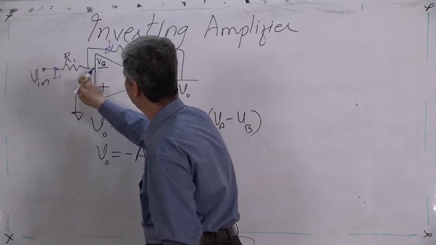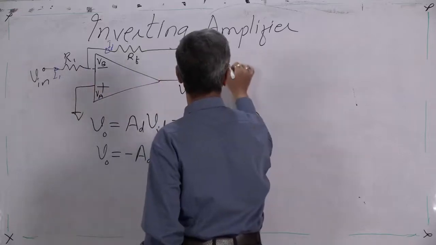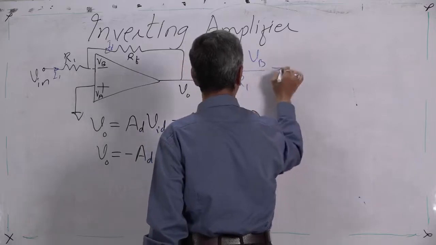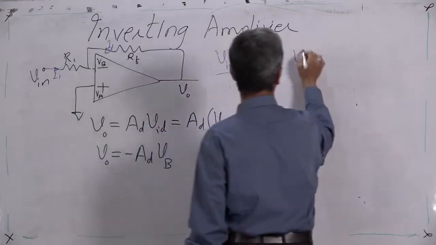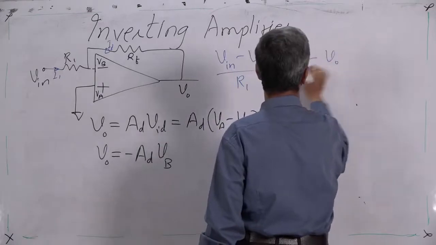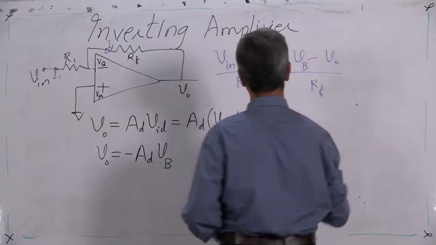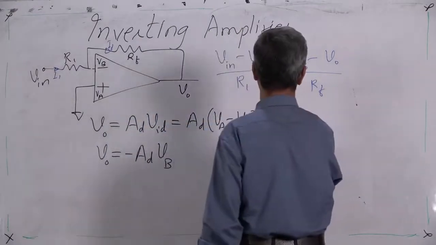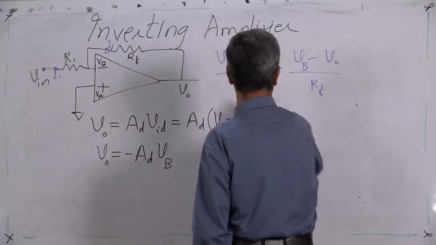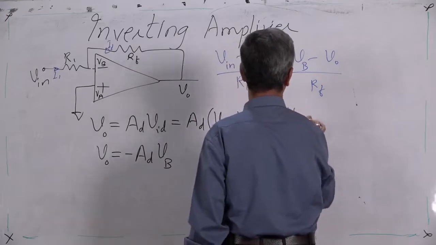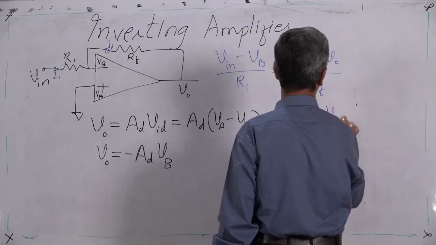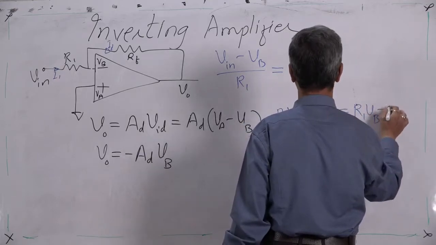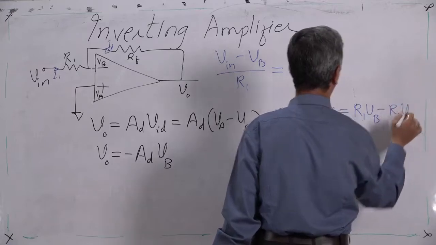So we can very easily do that. Vin minus VB upon R1 must be equal to VB minus VO upon RF. As already stated, we do not like denominators. So I multiply each term by R1 RF: RF Vin minus RF VB is equal to R1 VB minus R1 VO.